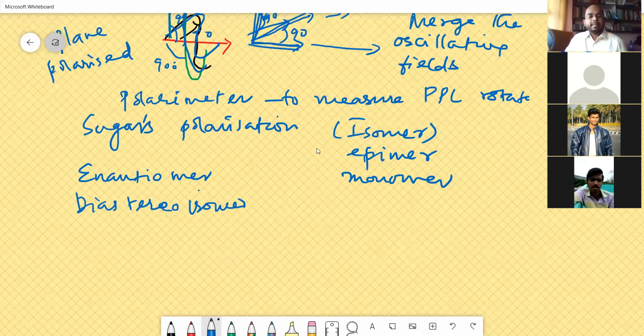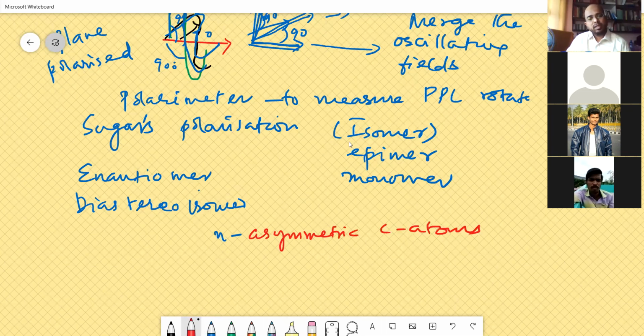These are all the isomers. So if you have n asymmetric carbon atoms, you can have 2 power n isomers.